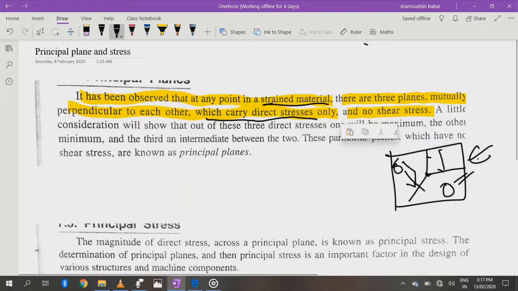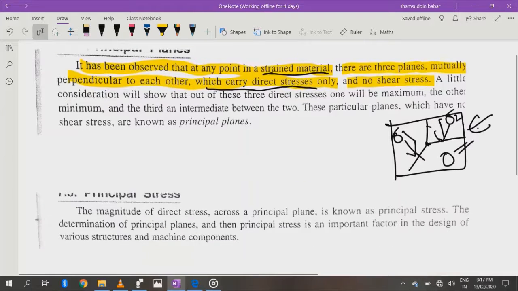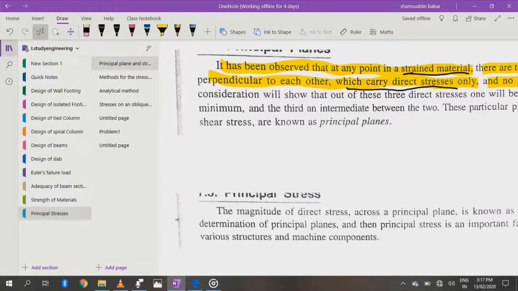These direct stresses are called principal stresses. So the stresses applied on principal planes are called principal stresses. This was the complete concept of principal plane and principal stresses.